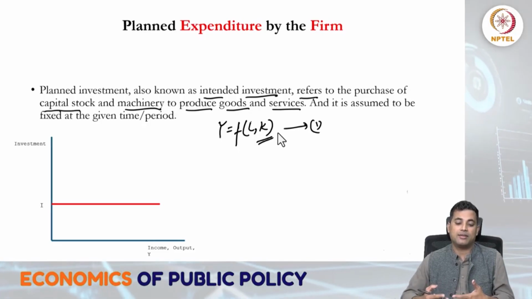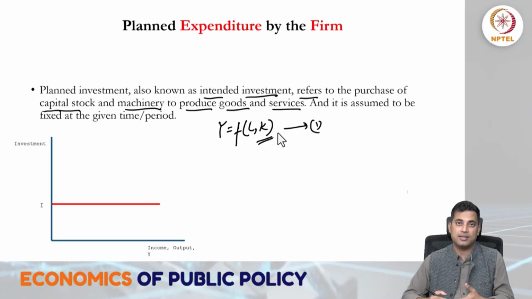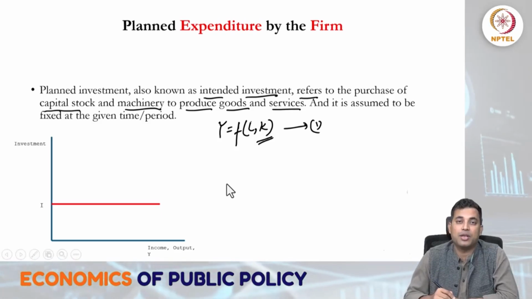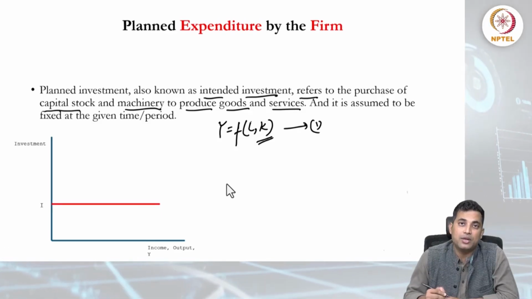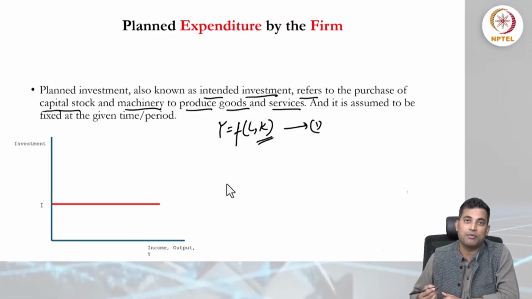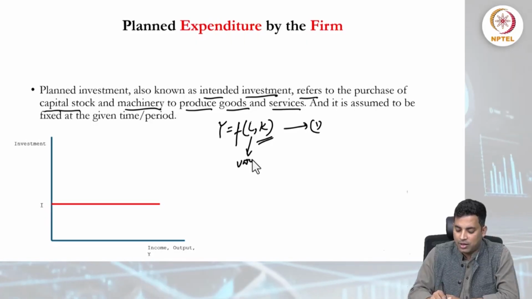So this is the planned investment by the firm, which is considered fixed. Obviously capital is fixed, since in order to produce any goods and services, capital, machineries and capital stock need to be fixed, but labor is variable.